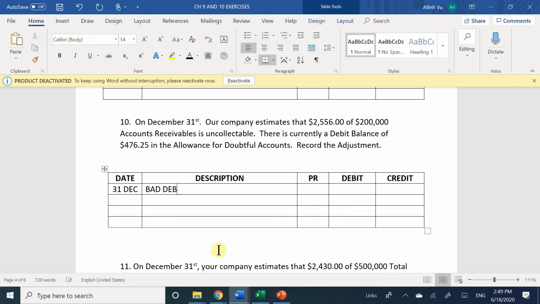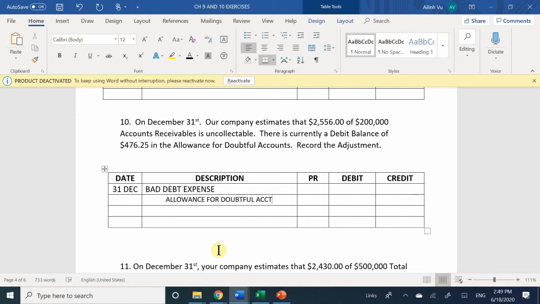So bad debt expense, and this is going to be for the allowance for doubtful accounts. Now, where did you get the number from? I minus the $2,556 and $476.25. I minus them. Okay.